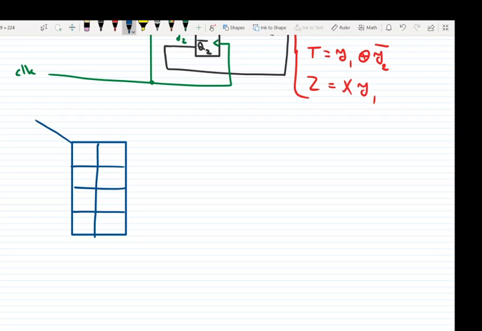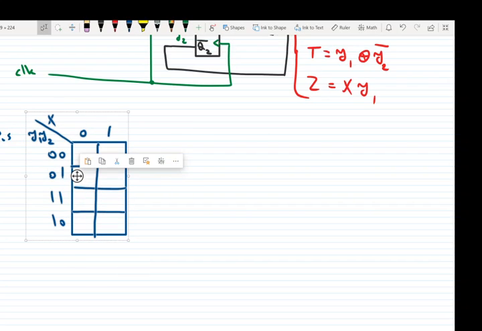We have input X and present states Y1, Y2: 0 0, 0 1, 1 0, 1 1. Let me copy this table because we will need it for the other flip-flop as well.